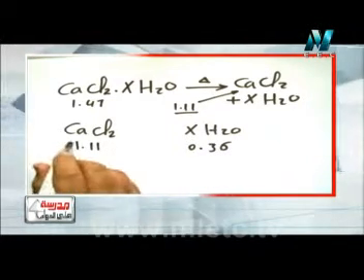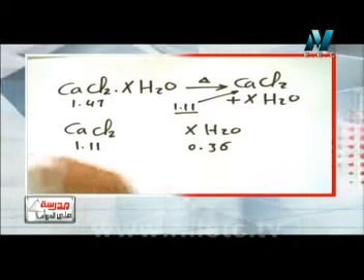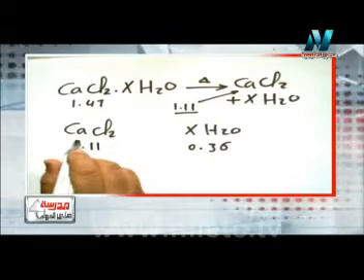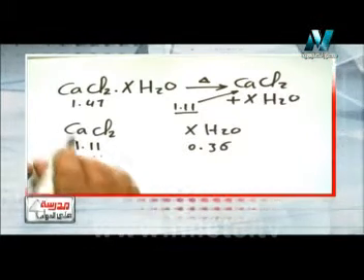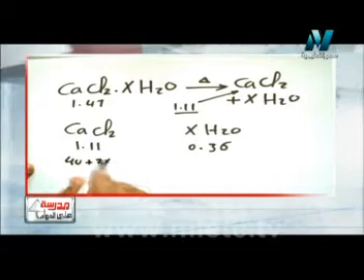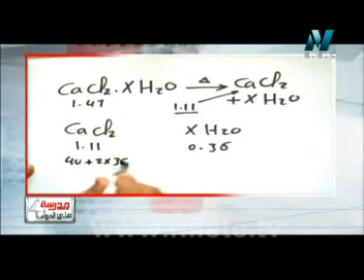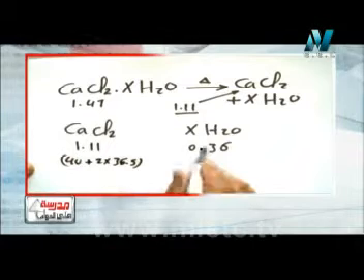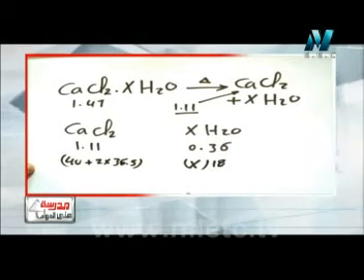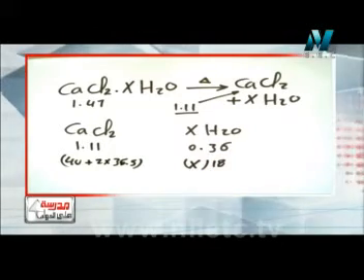So how many gram of water combined with 1 mole of calcium chloride? We get the molecular mass of calcium chloride, which is 40 plus 2 times 35.5. And the water is X times 18, because 1 mole of water equals 18.